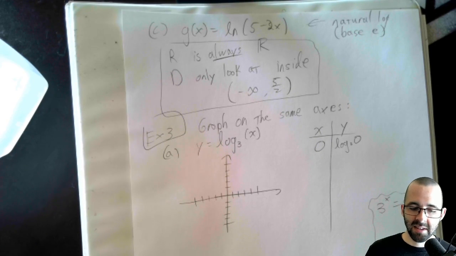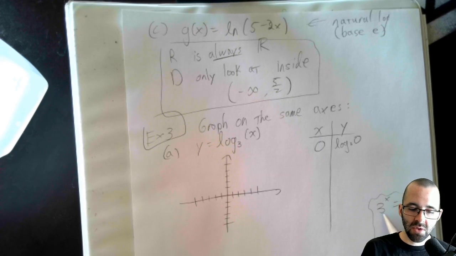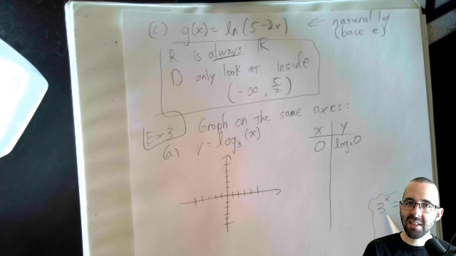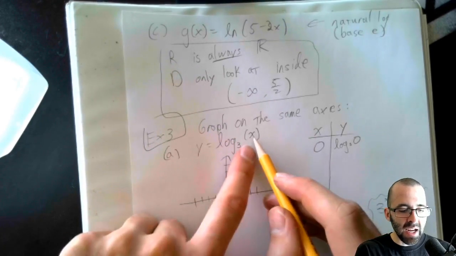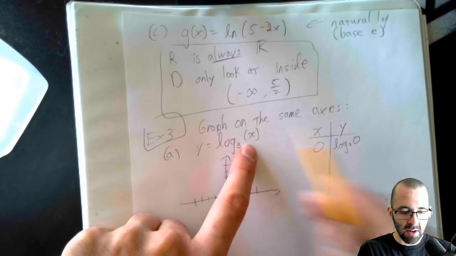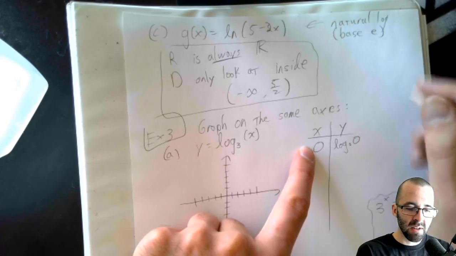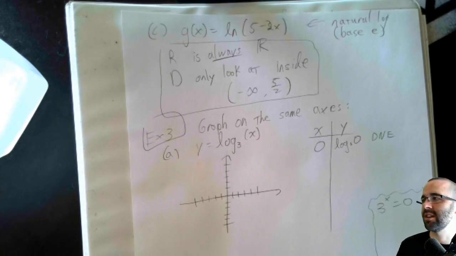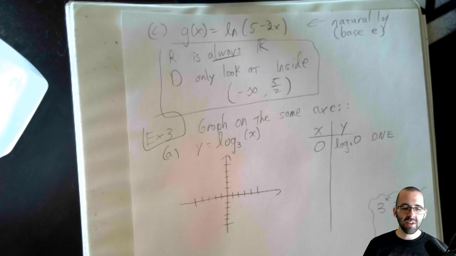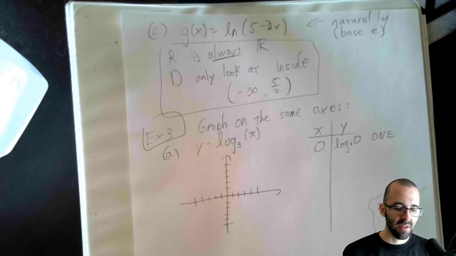There's no answer to this. The range of 3 to the x is all positive numbers, not 0. And for the domain, we can only plug in things bigger than 0. So if we're plugging in 0, this doesn't exist. 0 wasn't a great choice here, because the log of 0 is not a real number.